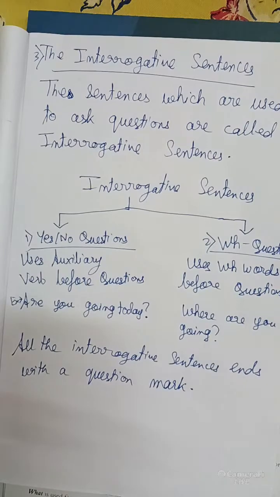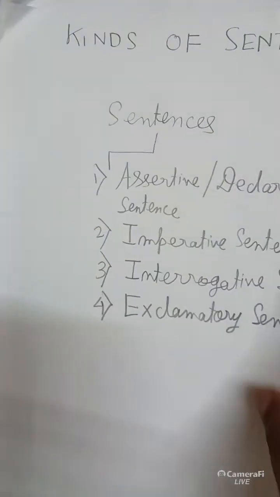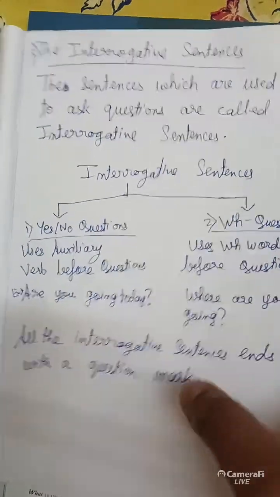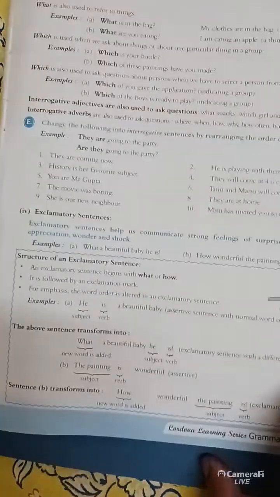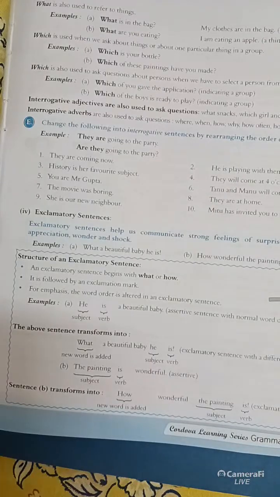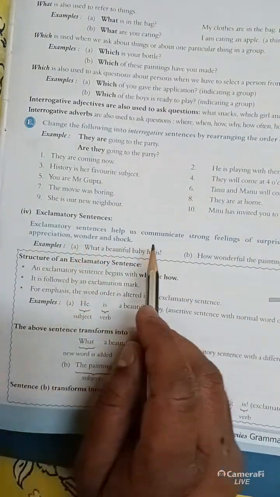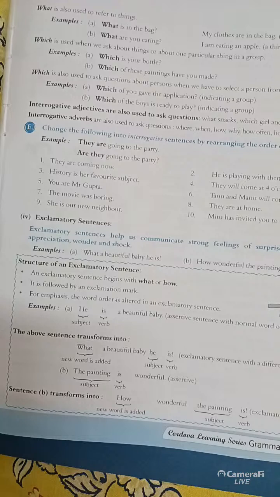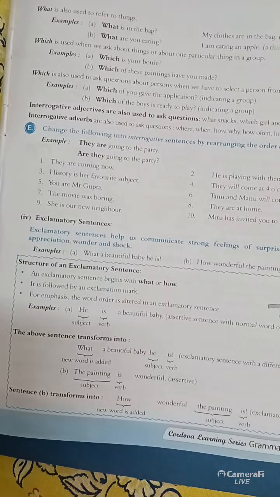And then the last type of sentence which we studied is the exclamatory sentence. So what is an exclamatory sentence? Exclamatory sentences help us to communicate strong feelings of surprise, admiration, appreciation, wonder and shock.